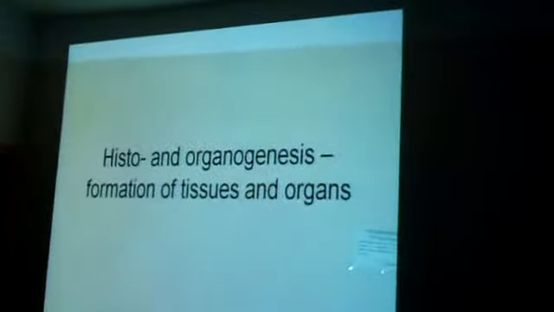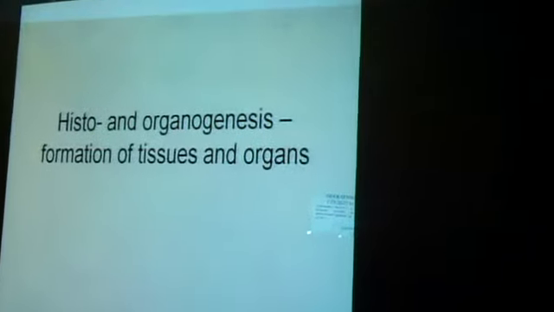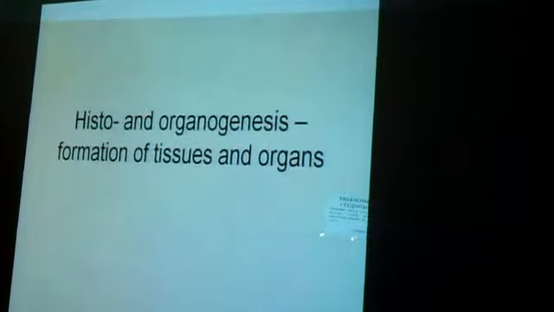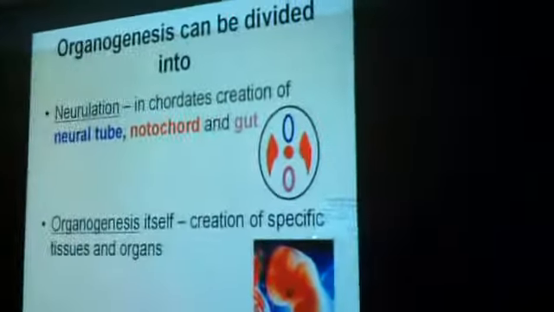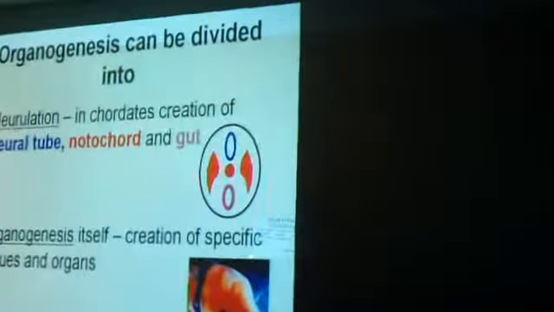And now neurulation. What we discussed today, then you will see my pictures, absolutely ugly pictures, but I'll try. Organogenesis is a very long period, lasting to the end of development.